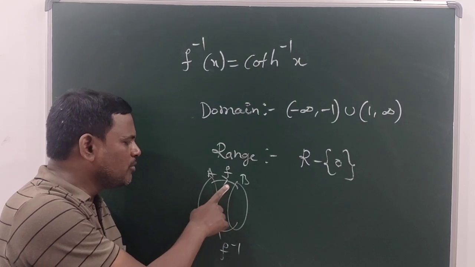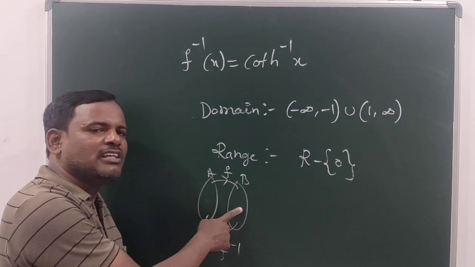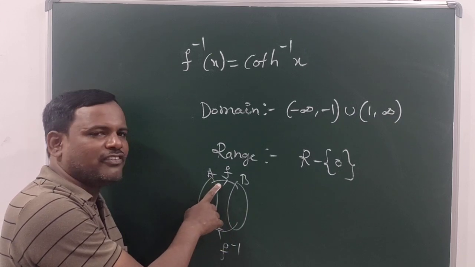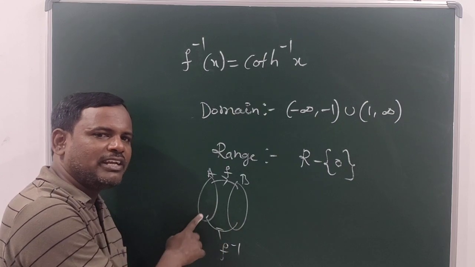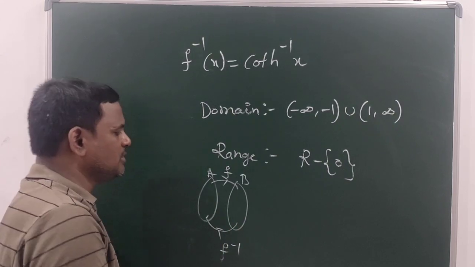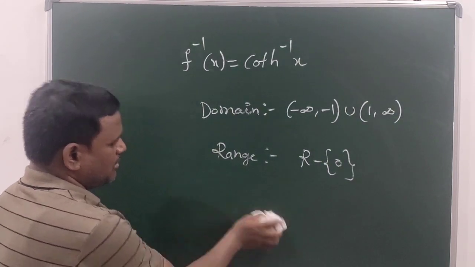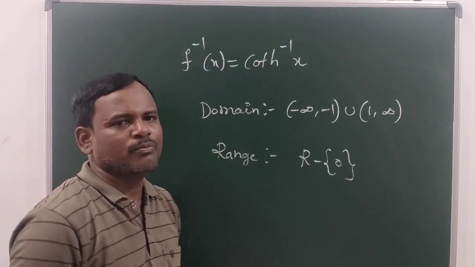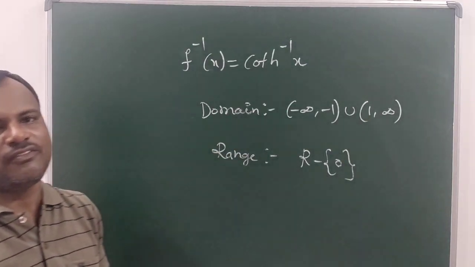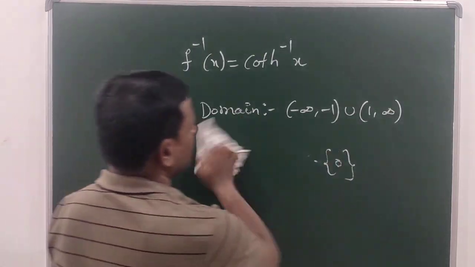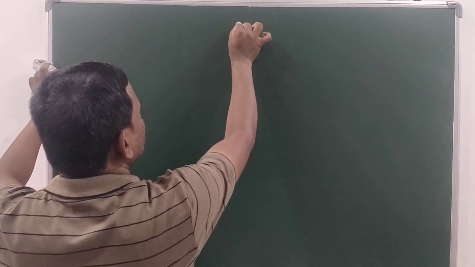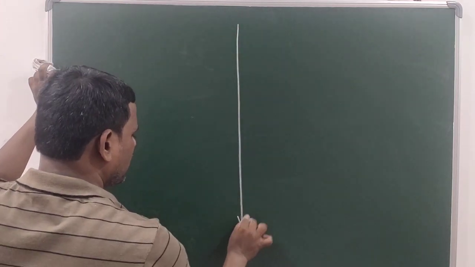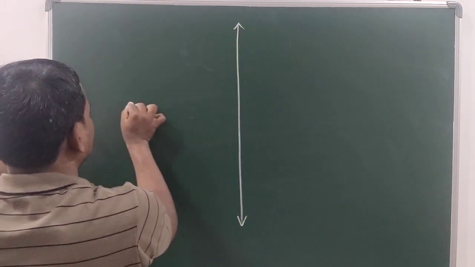So now A is the domain, B is the range for f. But for f inverse, B is the domain, A will be the range. Right? Now let us go to whose graph. How do we get a graph of this cot h inverse of x? So now observe this graph of cot h inverse of x.